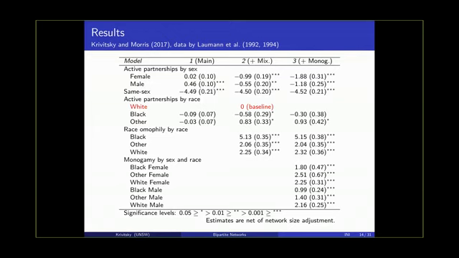We can model activity by race, again, using whites as a baseline. We can see whether there's a differential tendency to have ties. We can look at homophily. We can look at monogamy by sex and race, which again is one of those degree effects, right?